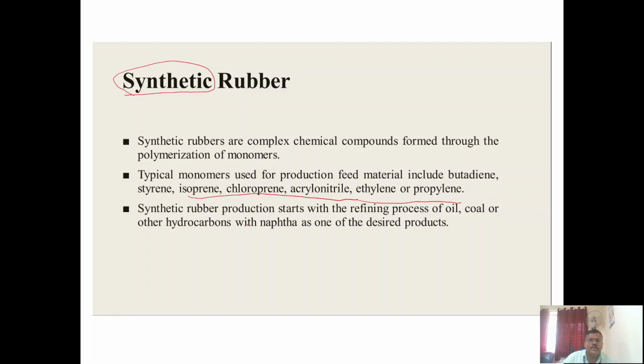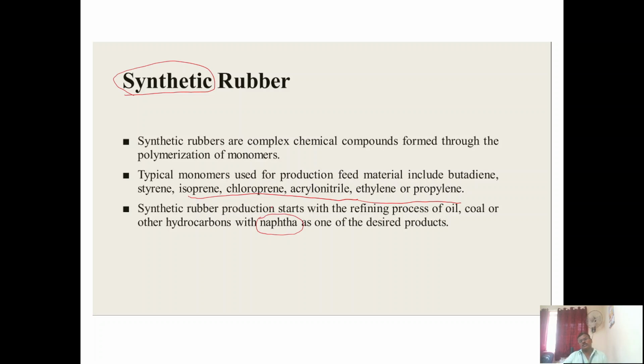Synthetic rubber production starts with the refining process of oil, coal, or other hydrocarbons, with naphtha as one of the desired products. This naphtha, if you take petroleum as a raw material, a feed product, and heat that material at different temperatures, we end up with different products.